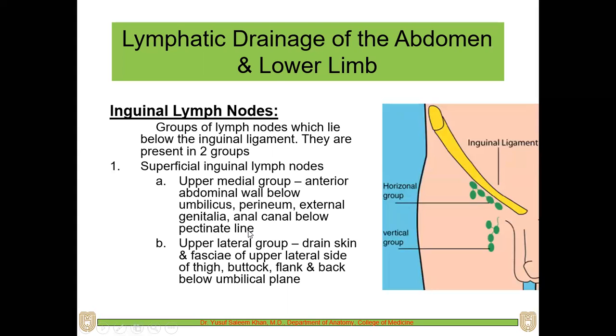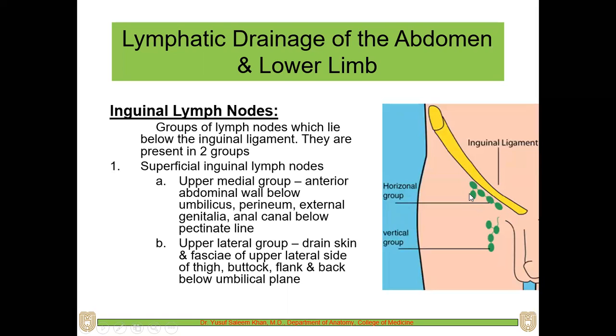In the anal canal, there is a line called the pectinate line, which differentiates between the ectoderm and the endoderm. So all the part of the anal canal below the pectinate line, then the external genitalia, perineum, and the anterior abdominal wall below the umbilicus. This whole region is drained by the upper medial group.